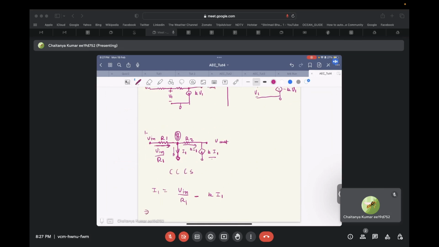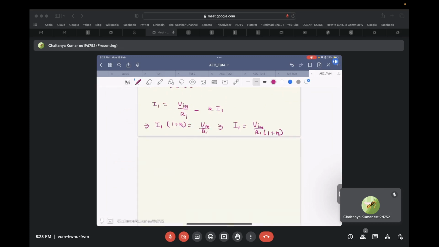That goes to say that I1 times 1 plus K is equal to V in by R1. That means I1 is equal to V in by R1 divided by 1 plus K. So this is the same current that is flowing. K times this current is flowing through the current controlled current source, and that is the current that is flowing through R2 as well.